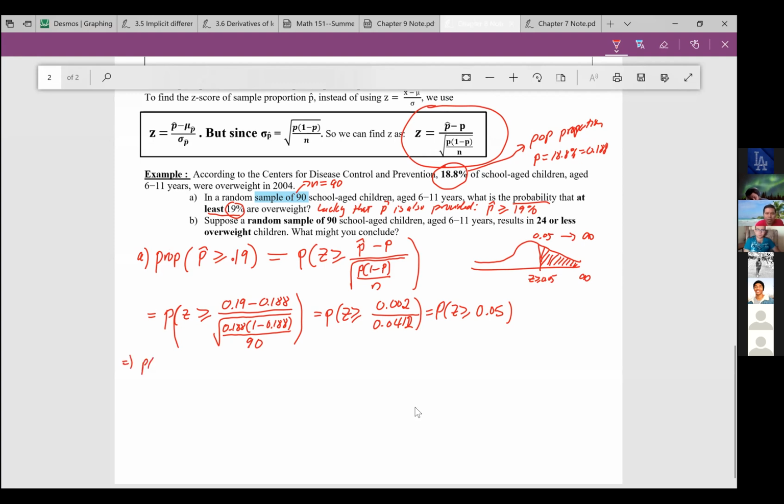So the probability that p hat is bigger than 0.19 is equal to normalcdf of 0.05, 10 to the 99, 0, and 1. All right, so we got 0.48.